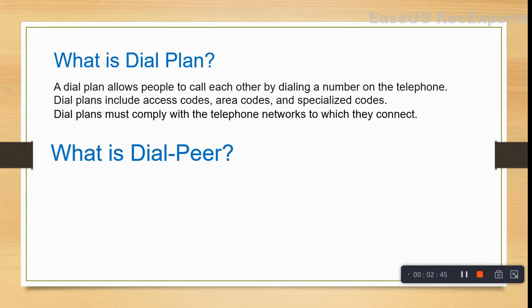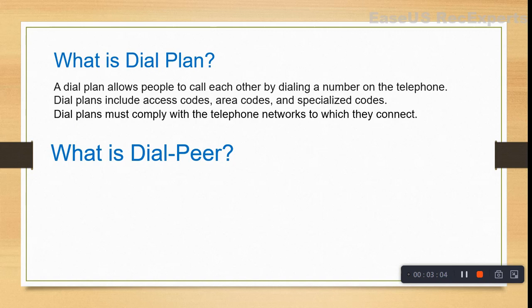It's different for most of the countries, right? So that's the dial plan, which helps us understand how to reach a number. And all the telephone companies, the telephone networks, must comply with those dial plans.